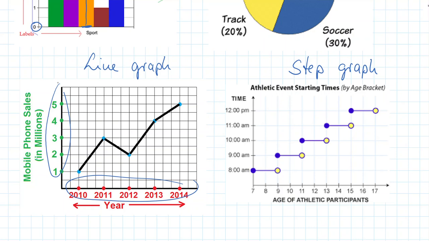On this vertical axis, it's the mobile phone sales in millions, and on the horizontal axis, it's the years. Then you can see that there's an increase in mobile phones, a slight decrease, and then a very strong increase from 2012 onwards to over 5 million mobile phones.